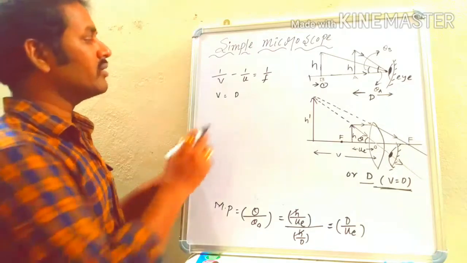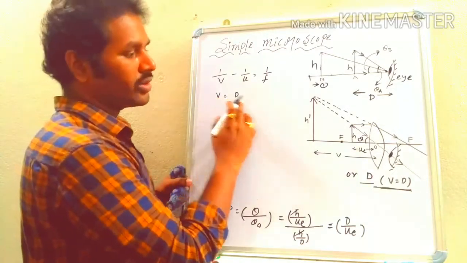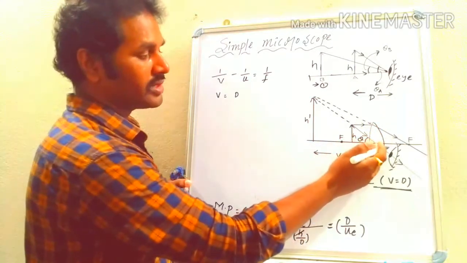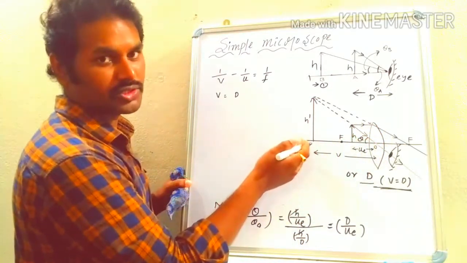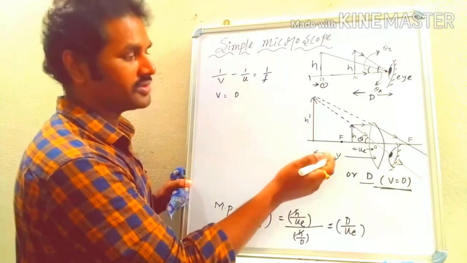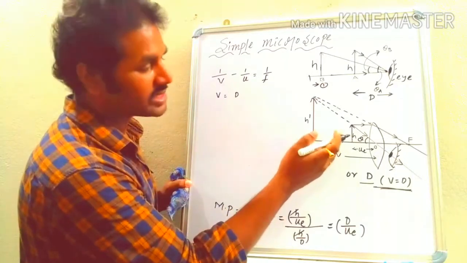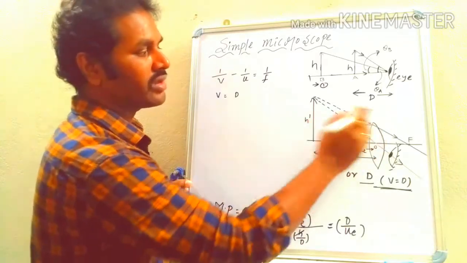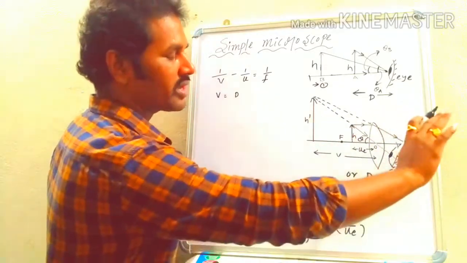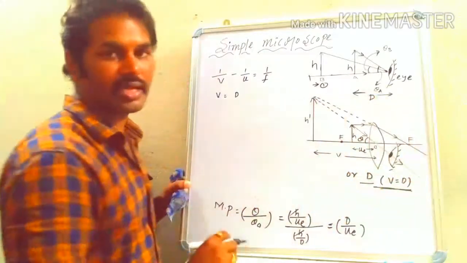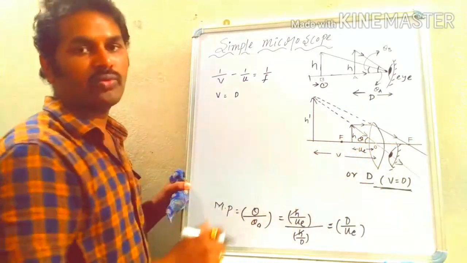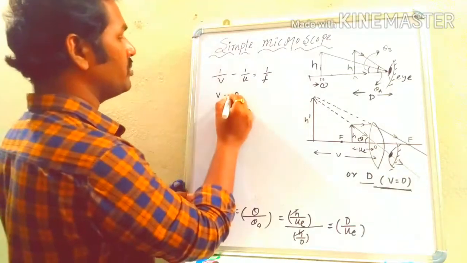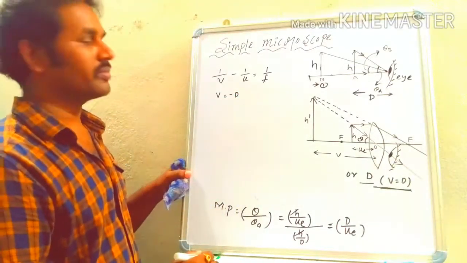According to sign convention, any distance should be measured from the optic center to the image, the object or the focus. If that measurement is opposite to the incident ray, you can see the light rays are traveling towards the right and the measurement is taken towards the left, that measurement should be taken as negative. So v should be equal to minus d.